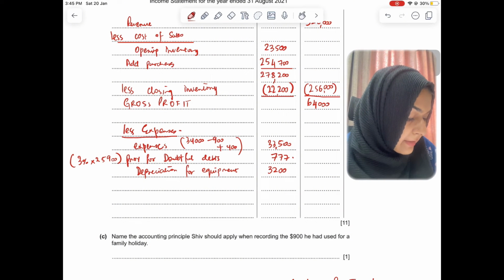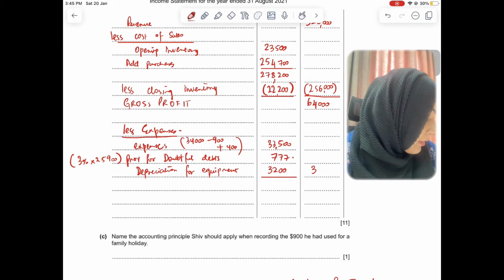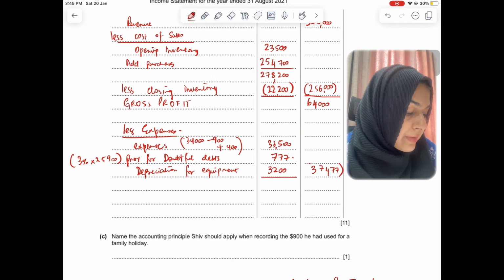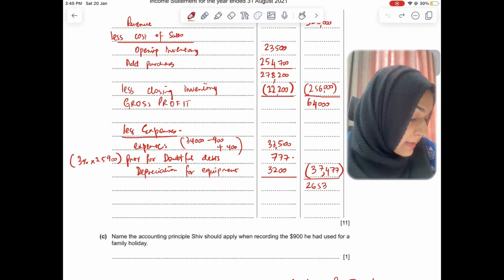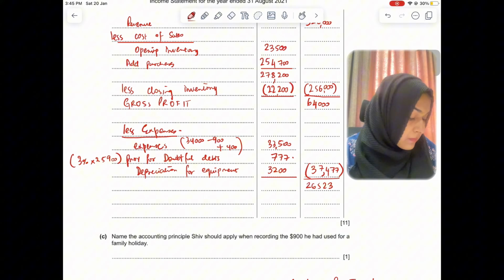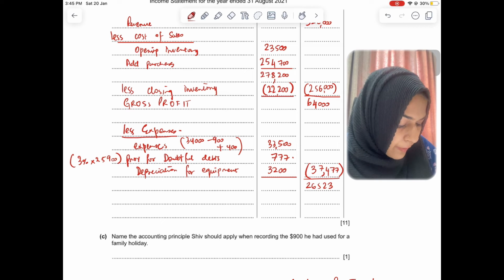And when you add these three amounts, you get 37,477, which when you subtract from 64,000, you get 26,523, and this is your profit for the year.